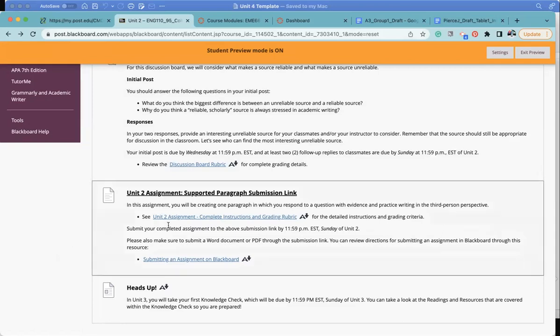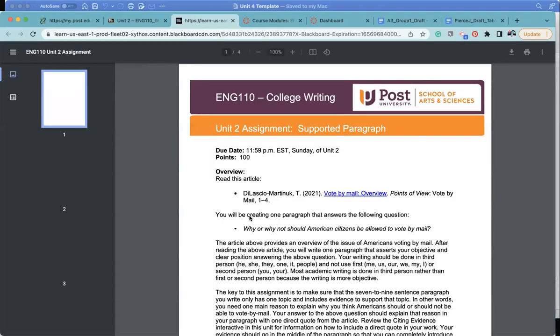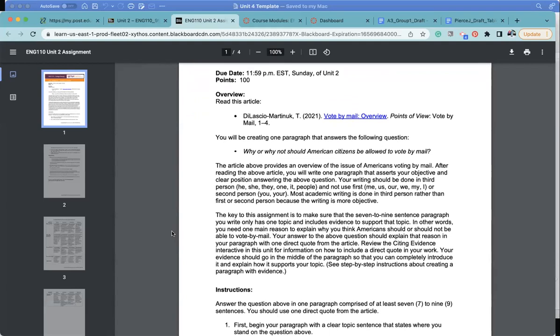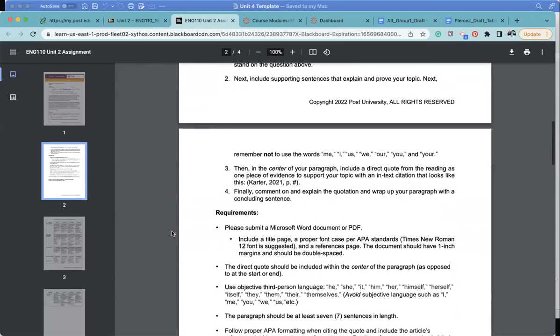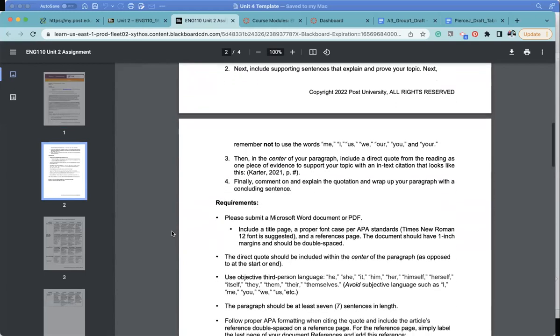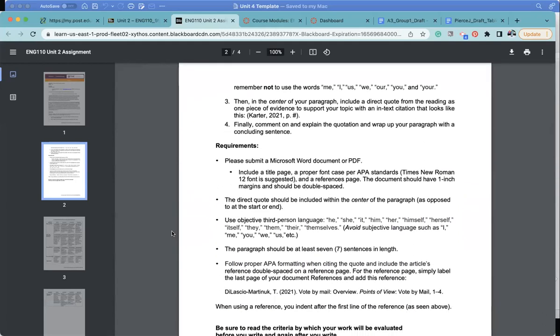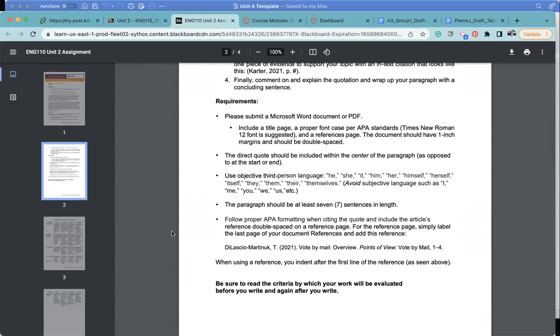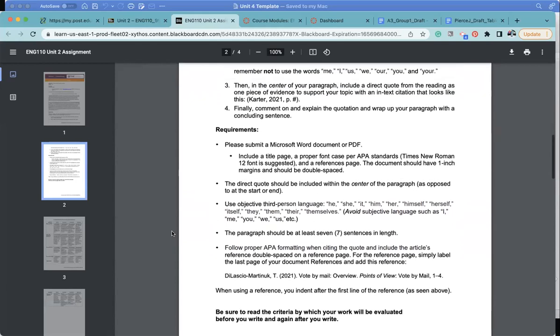Every time we have a writing assignment, there is a link that shows just like this, Unit 2 assignment, complete instructions and grading rubric. This is a document that personally, if I were doing this class as a student, I would always print out. Now, you don't have to, of course, but I always find having something in writing that I can look at over and over again, as opposed to just looking at it once and then maybe coming back and checking it again, is super helpful.